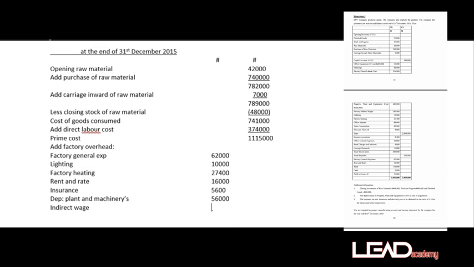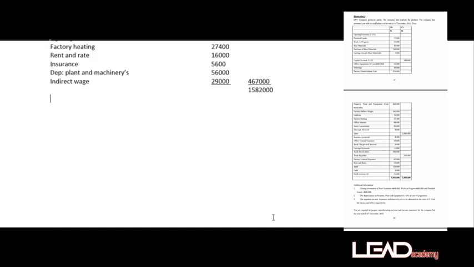Our indirect wages is 290,000. A total of 1,587,000. Opening work in progress, which is in our question, is 27,000. So when you add 27,000 to it, you're going to have 1,609,000.